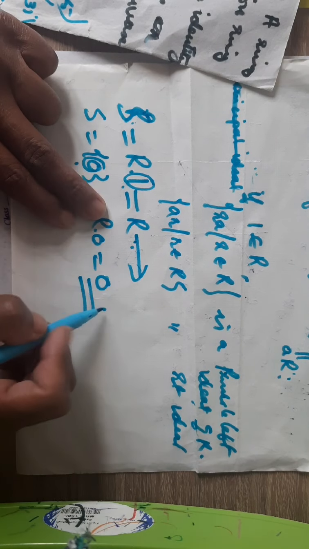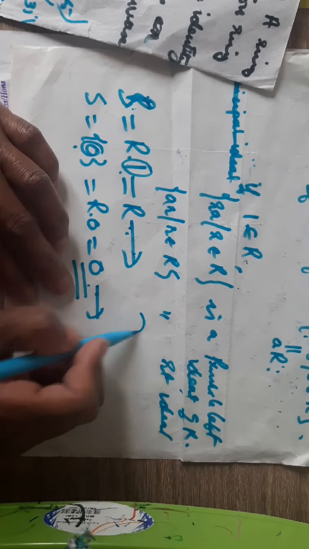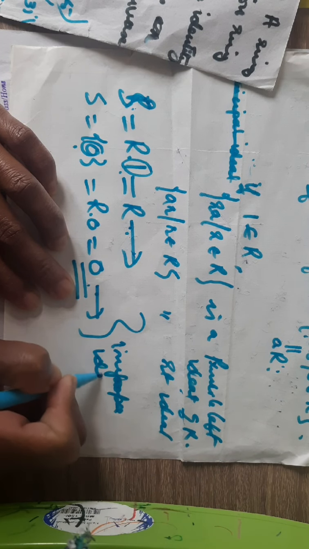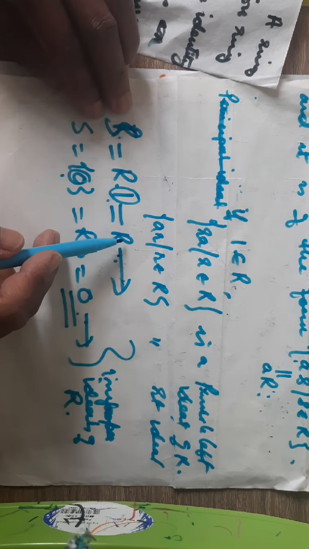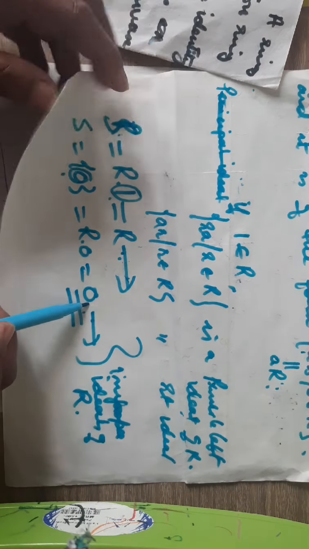Now this ring R and 0, these ideals R and 0, are called the improper ideals of R. Ideals other than R and 0 will be called the proper ideals. Now a ring R is called a principal ideal ring.